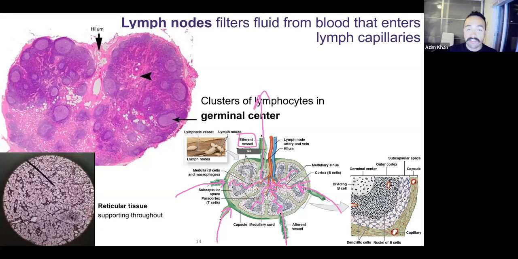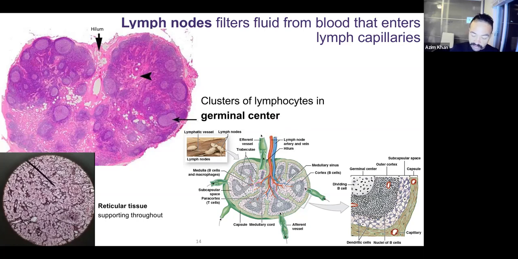Here's a lymph vessel exiting, it's efferent. On top of that, you get blood going into and out of this lymph node. There are arteries and veins. So it's an intersection of a lot of different fluids so that we can filter for pathogens.